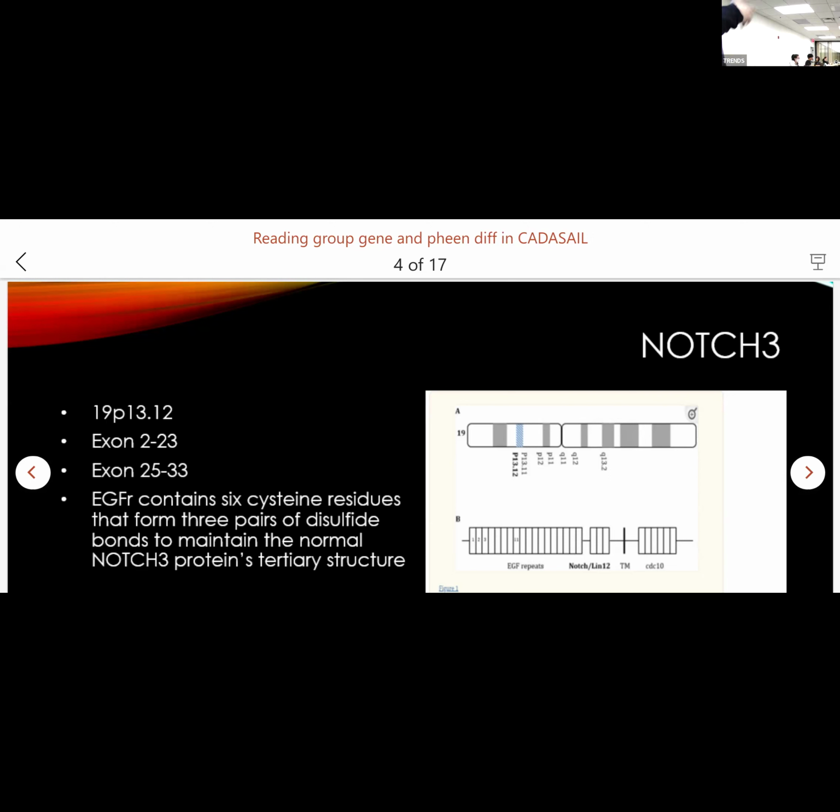So it's a multi-step interaction, and a slight deviation could throw a wrench in the whole sequence of events for a healthy protein. Mutations usually occur here, because if it happens here, the protein probably won't get where it's going. We usually see mutations in the EGF repeats, usually cytosine added or lost, but that can vary.